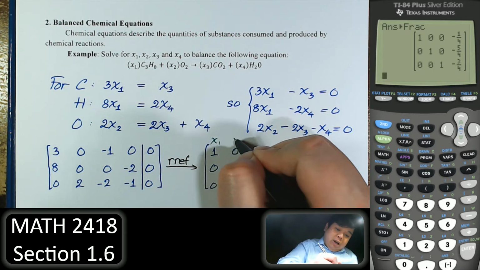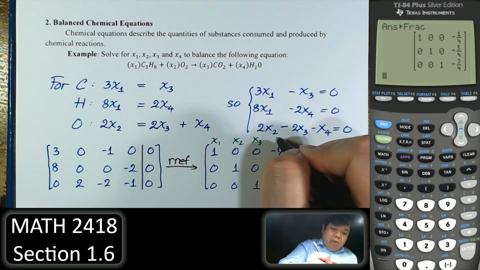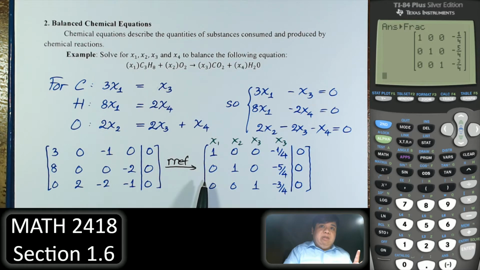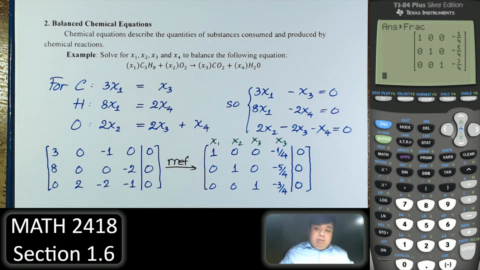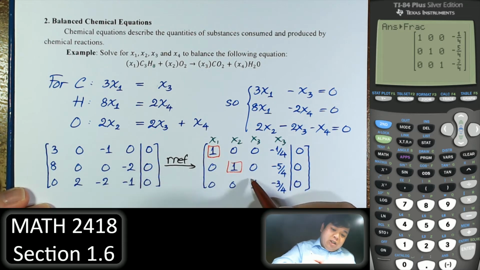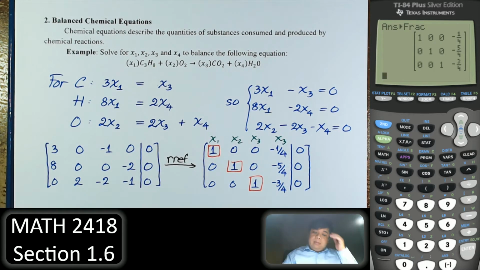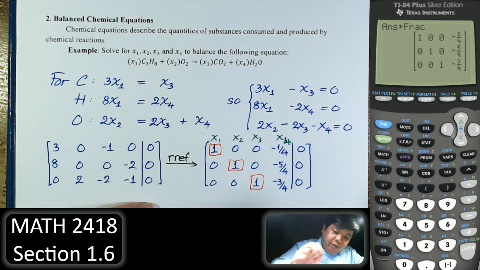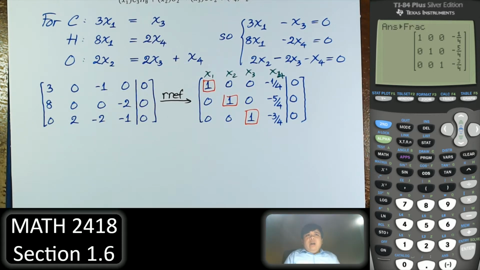I will have x1, x2, x3, and x4. As mentioned before, there are 4 variables, but only 3 pivots at most, so there must be 1 free variable. In this case, we have exactly 1 free variable, which is x4. Sorry. Now I'll rewrite the equation.